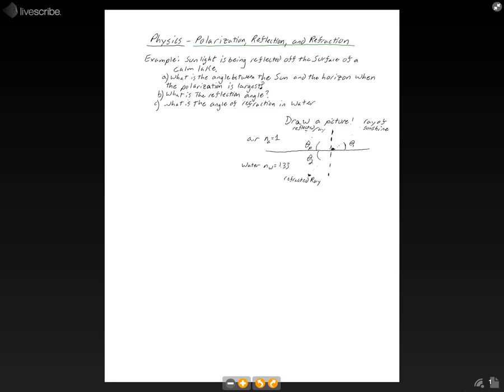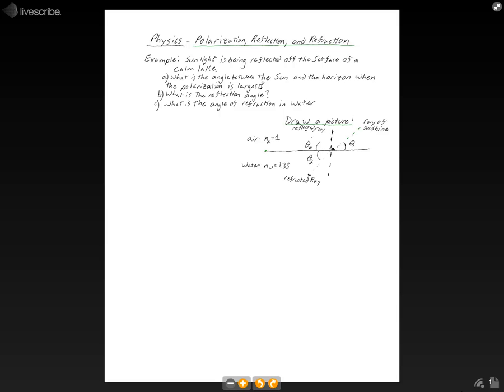So the first thing that we should do is, as always, draw a picture of what is happening. So down here we have the surface of the water, and then we have an incoming ray of sunshine that is hitting the water, and the angle between that ray and the water or the horizon, we're just going to call that theta 1.